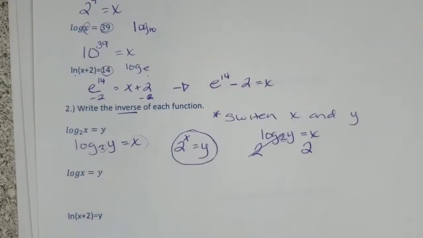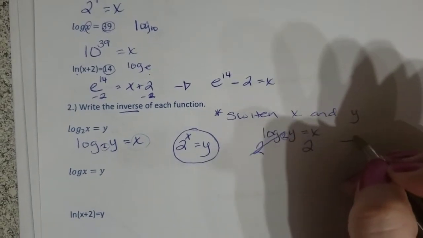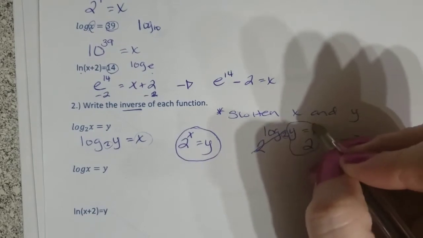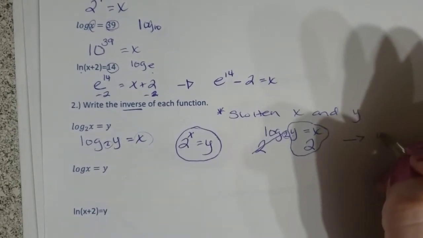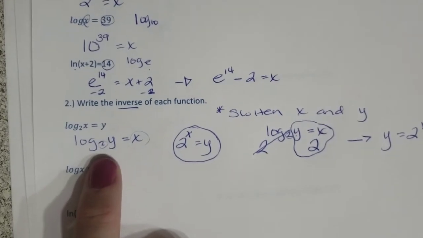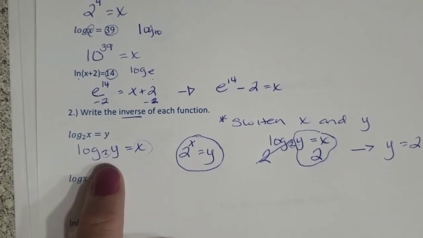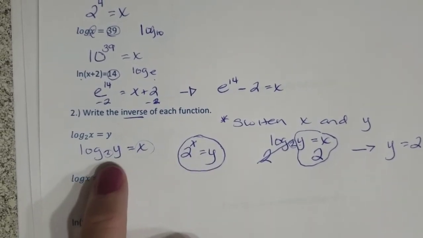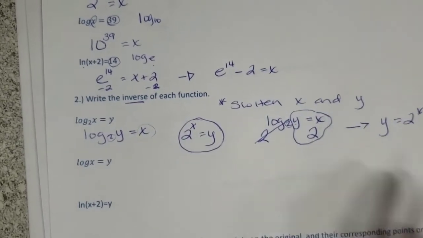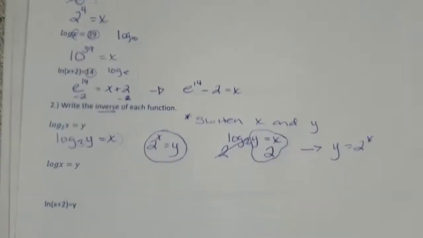Now my log base 2 cancels out, and what I'm left with is y equals 2 to the x power. So it's really simple with an equation like this one to just say, oh, well, I know that's the base, that's the exponent, but if they were a little bit more involved, sometimes you actually have to solve them.